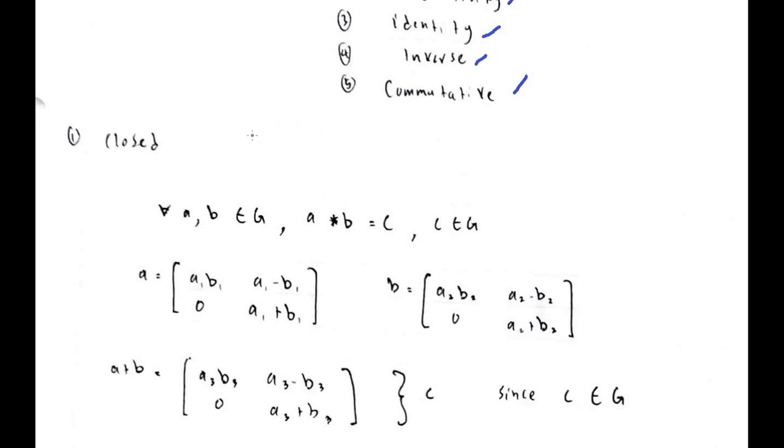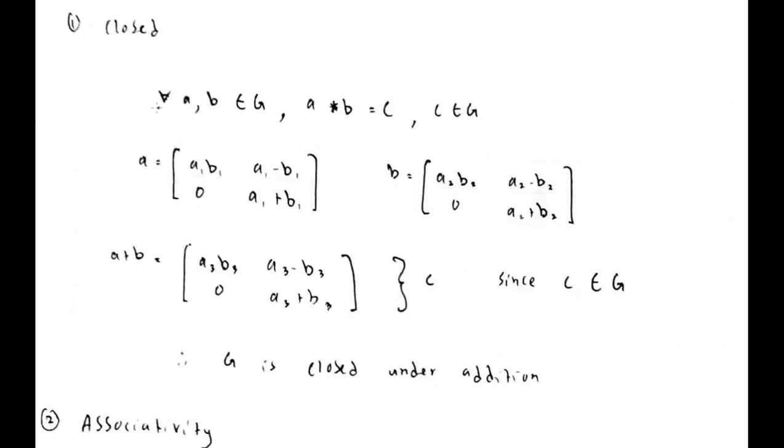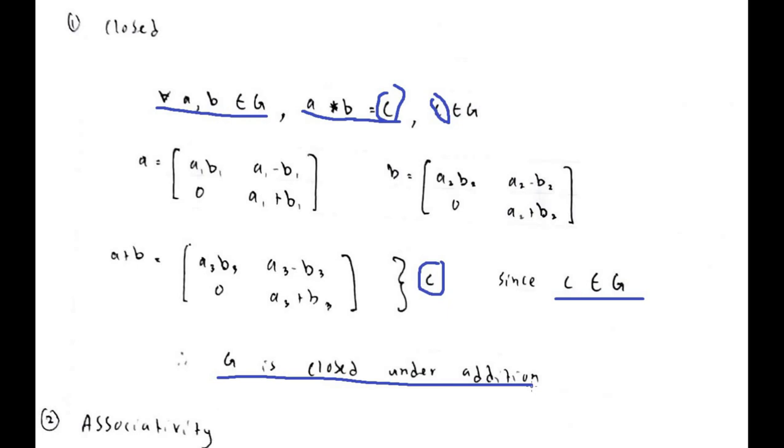G is closed if for all A and B elements of G, A binary operation B equals C, and C, which is the answer, must also be an element of G. So we add A and B. Okay, so we got this, which is C. So all elements are the same, between A, B, and C. So since all elements in C are elements of G, then G is closed under addition.